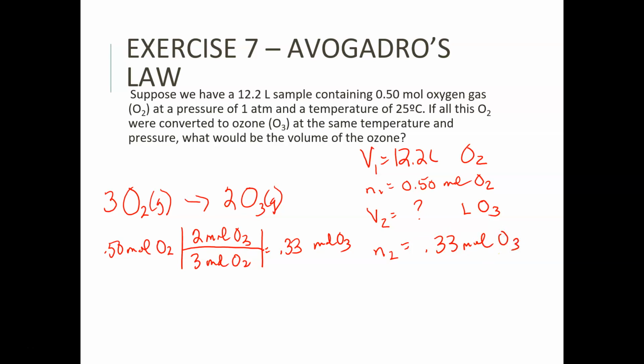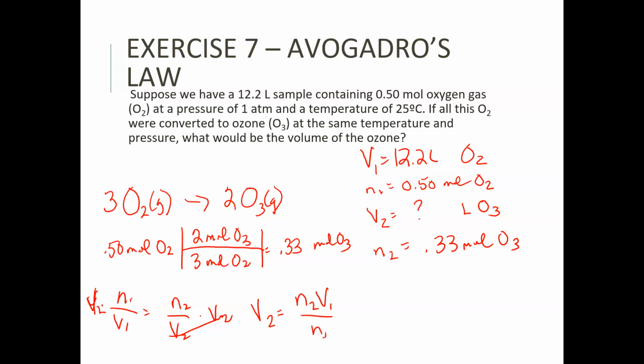Now I can go back to the idea of N1 over V1 is equal to N2 over V2. These are just proportions like you used to do. I'm looking for V2, so I multiply V2 by both sides. V2 cancels out, and then I take N1 away from here. So V2 is equal to N2 V1 over N1.